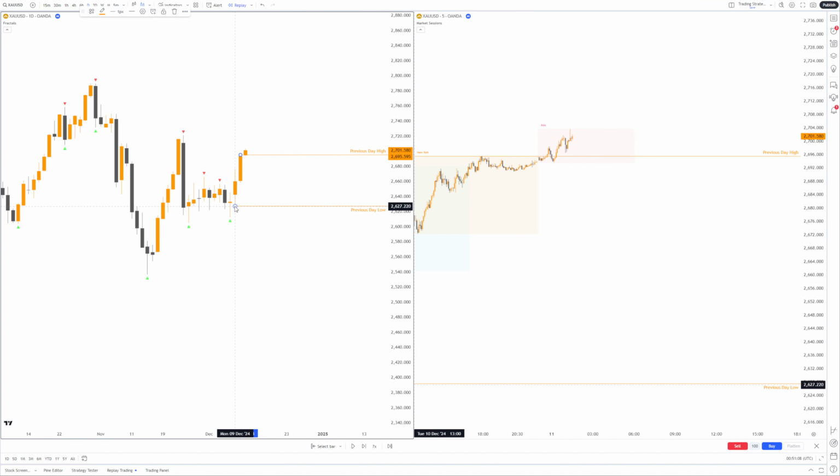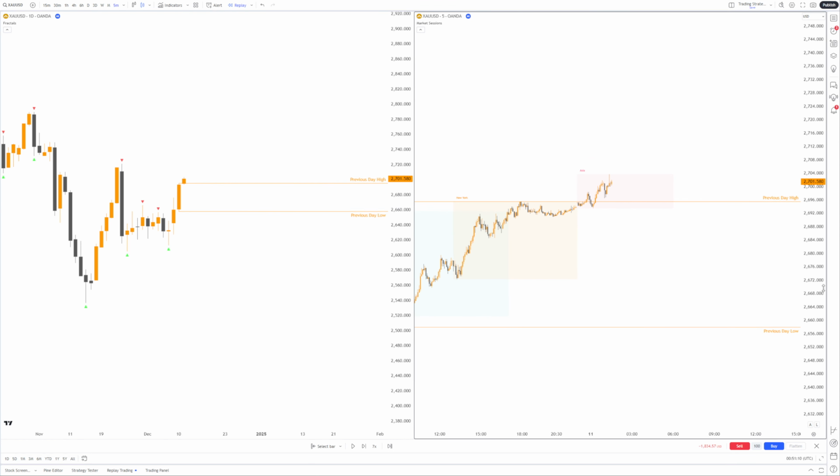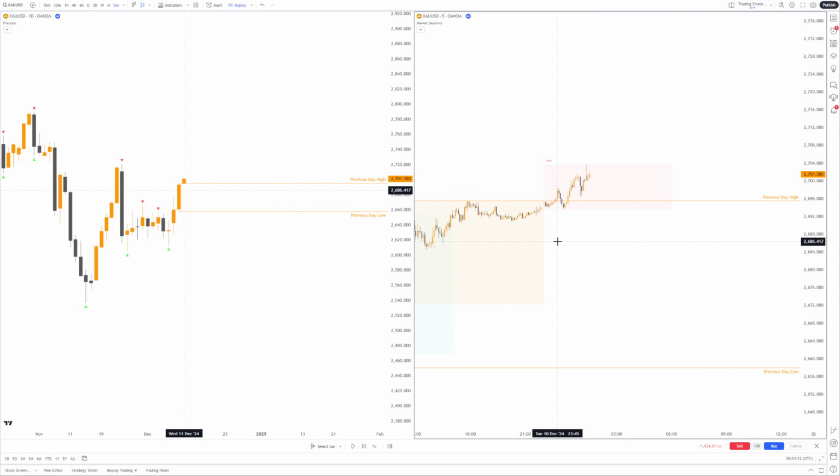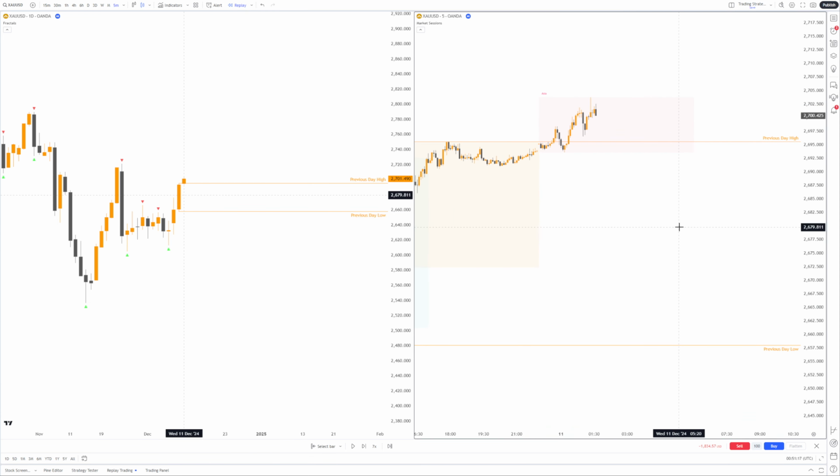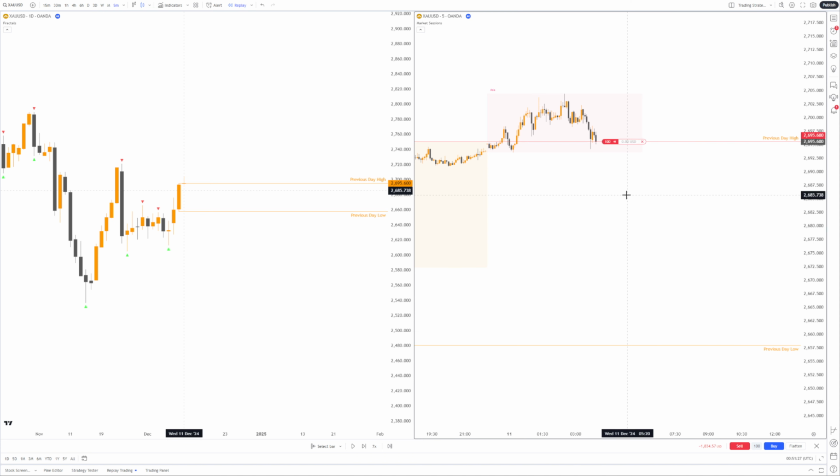Asia session, we have broken above that, it can come back down. Okay, let's take the trade. Stop loss above this structure here, because it's a creative structure.